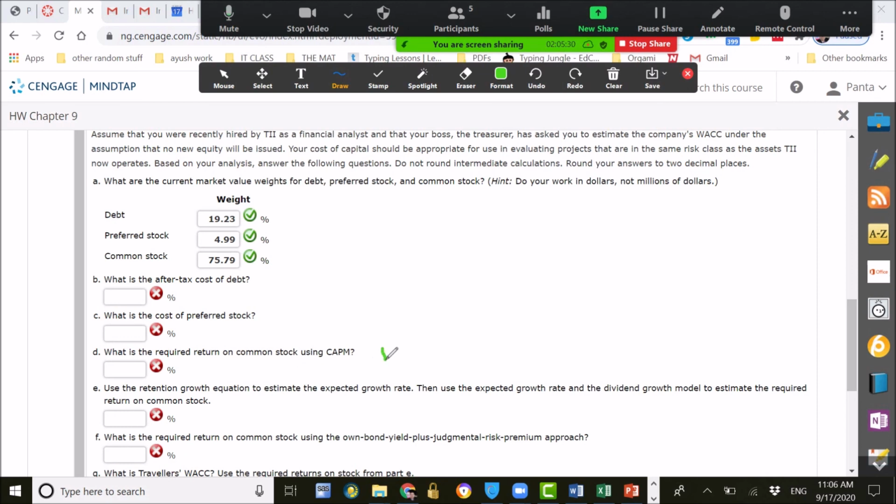According to CAPM, RS equals RF plus beta times (RM minus RF).